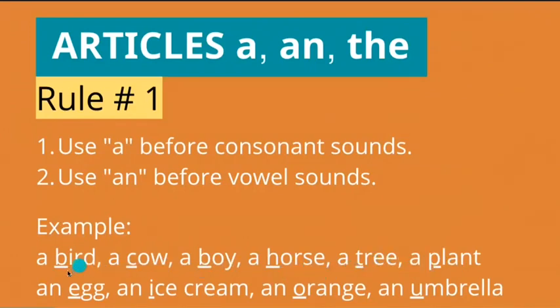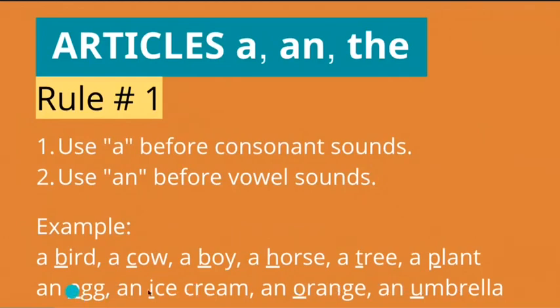Notice that the underlined letters B, C, B, H, T, and letter P, they are consonants, or they have consonant sounds. Okay, the next one is an egg, an ice cream, an orange, an umbrella.